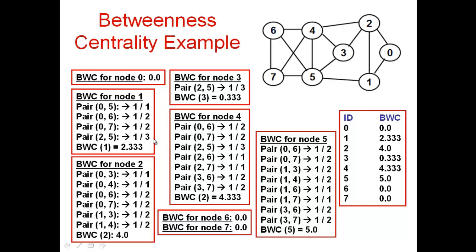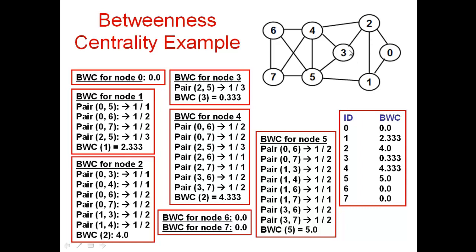Now, why did I not consider all other possible node pairs? You could consider them, but let us pick up something like 3, 6. We have 3, 4, 6. That's a shortest path of length 2. And 3, 5, 6 is also a shortest path of length 2.